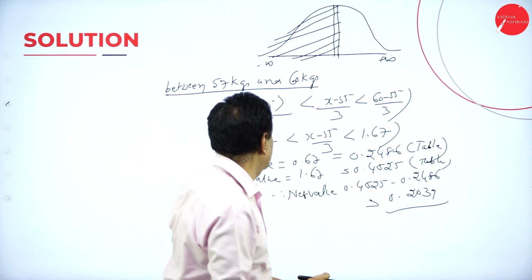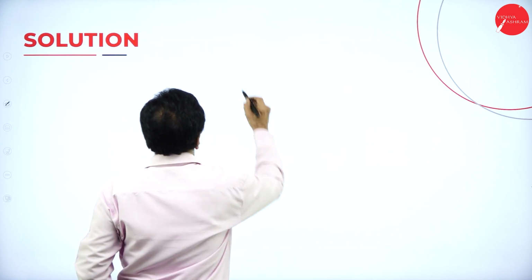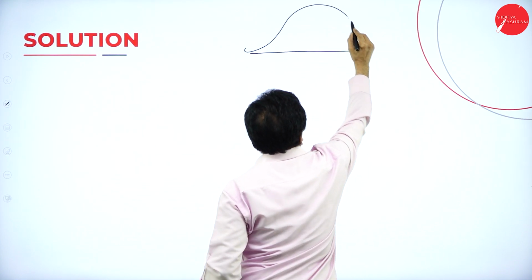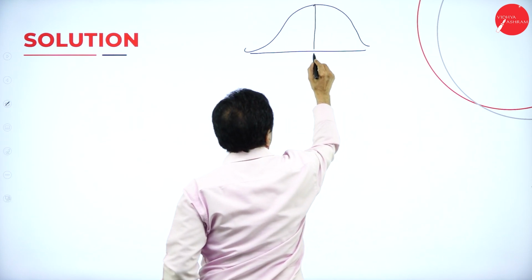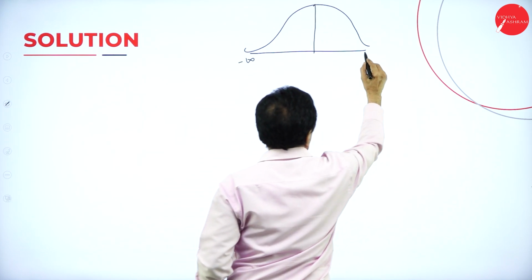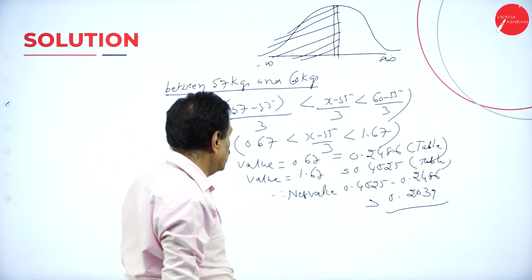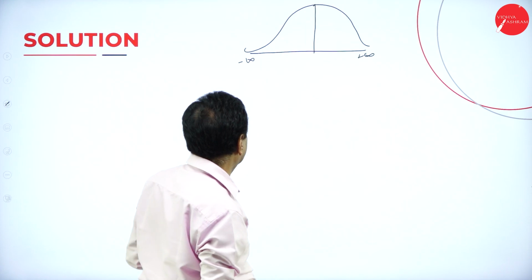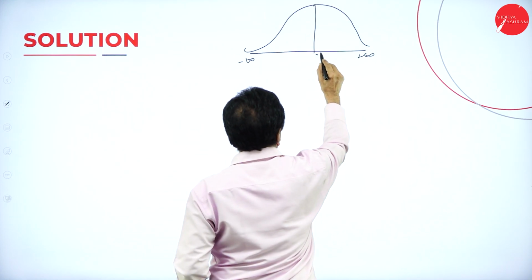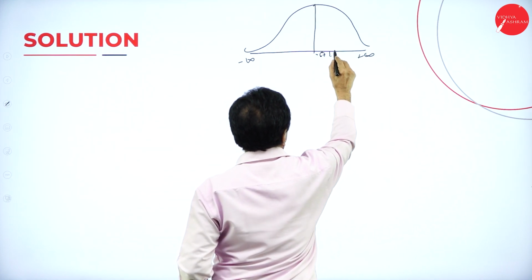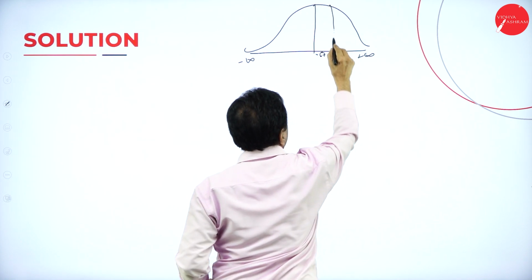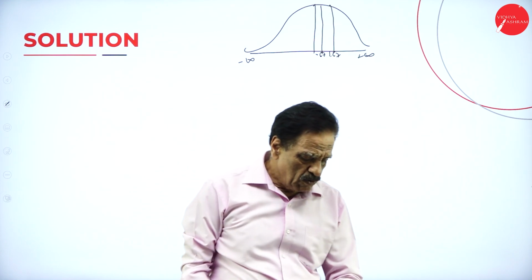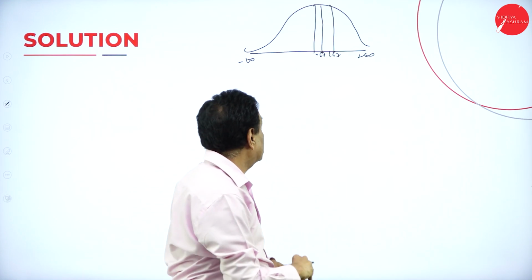So that should be put in a format. This is negative infinity. This is positive infinity. What are the values you got? 0.67 positive, 1.67. Is it less than or more than?